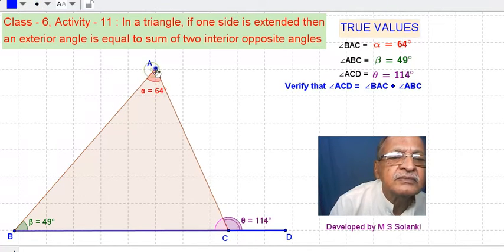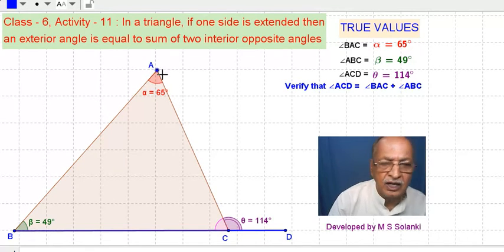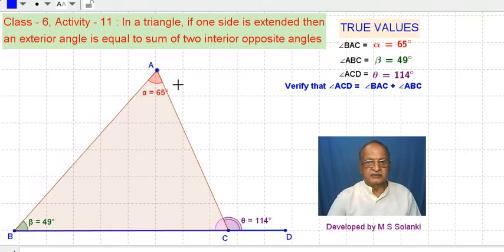Sometimes there is a difference due to the decimal point. When decimals come, we find a little bit of difference. At this stage, if you add, 9 plus 5 is 14, write 4, 1 carries, 6 plus 1 is 7, and 4 is 11. We can see these values are okay.